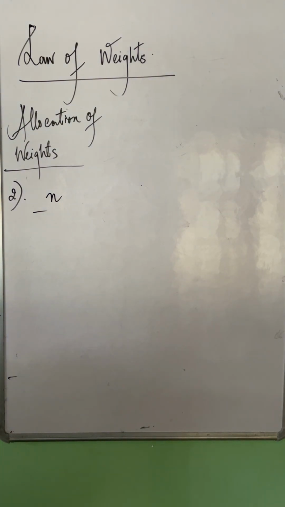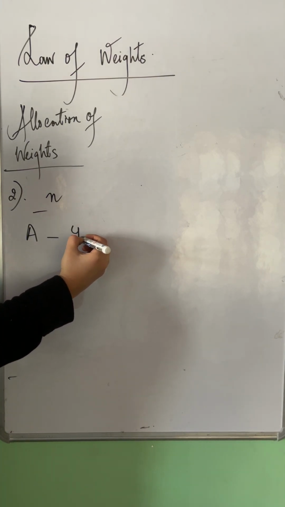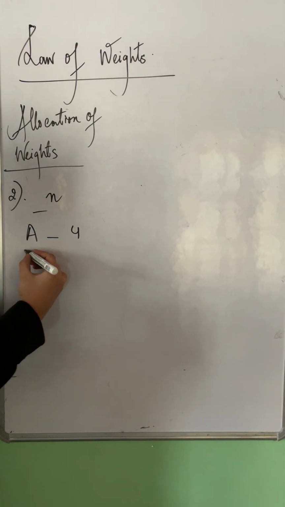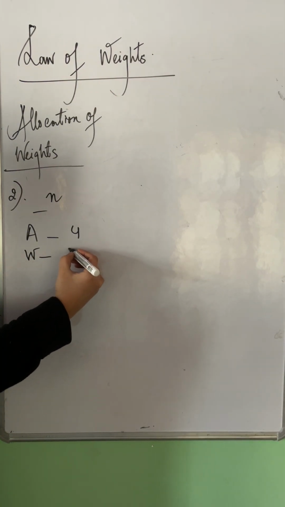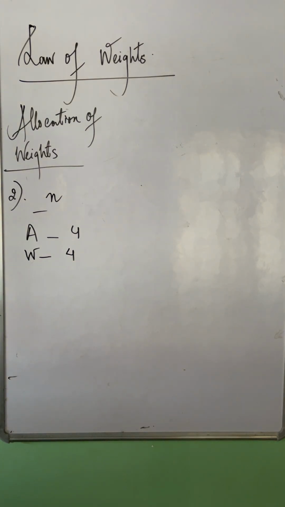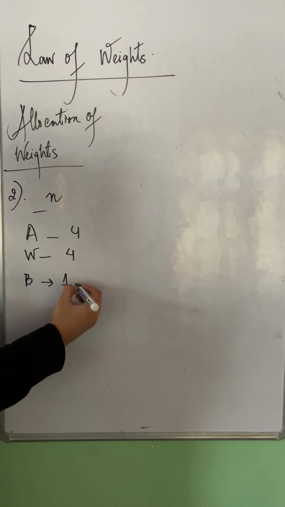If one angle A is measured, let's suppose 4 times, it would have a weight of 4, as compared to another angle B, which is measured only once.